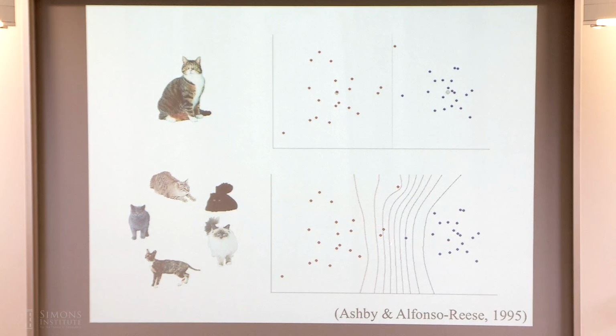And the exemplar model you can show formally is equivalent to doing Bayesian classification using a kernel density estimator as the basis for estimating the density associated with each of the categories. In the same way, the prototype model is Bayesian classification using a spherical Gaussian as your estimate for the category, where the prototype corresponds to the mean of the Gaussian. Does that make sense? Yeah.